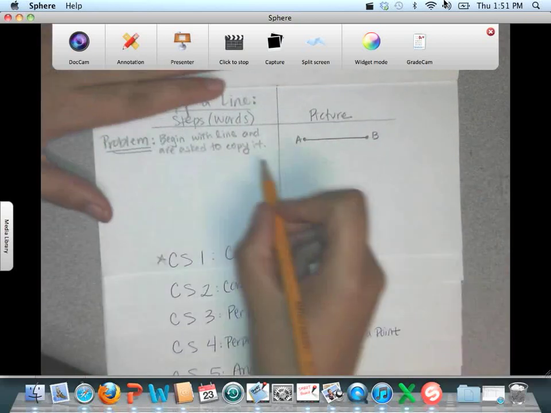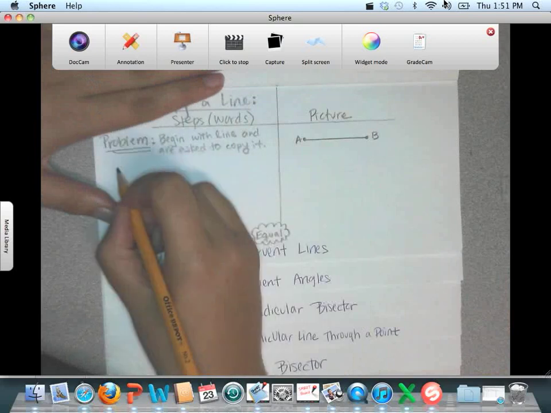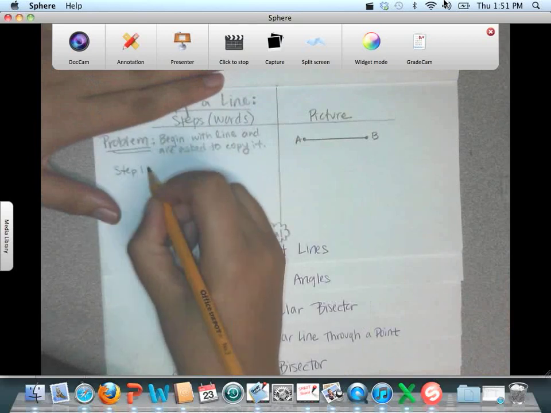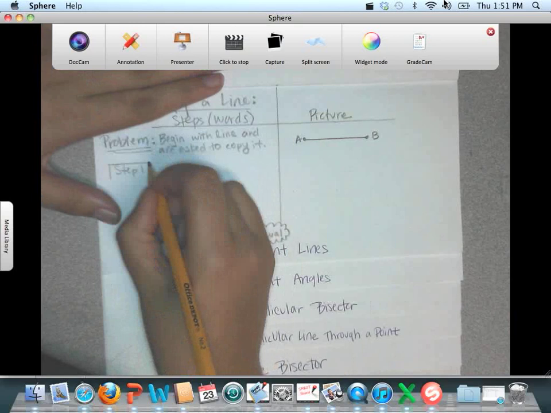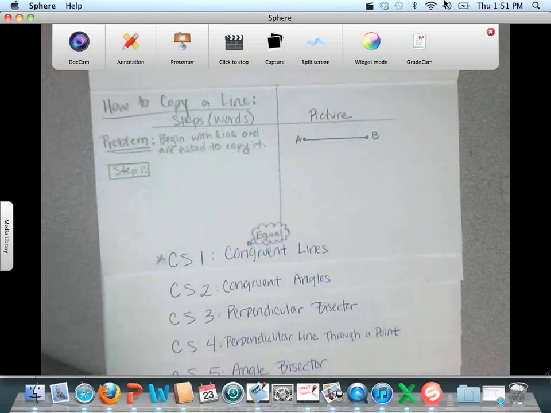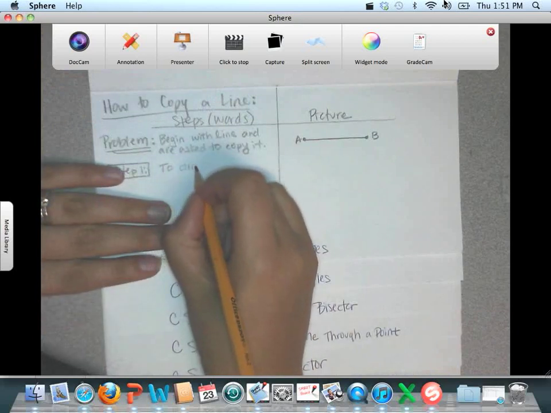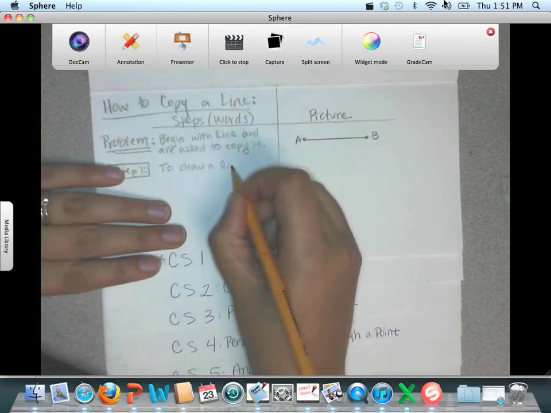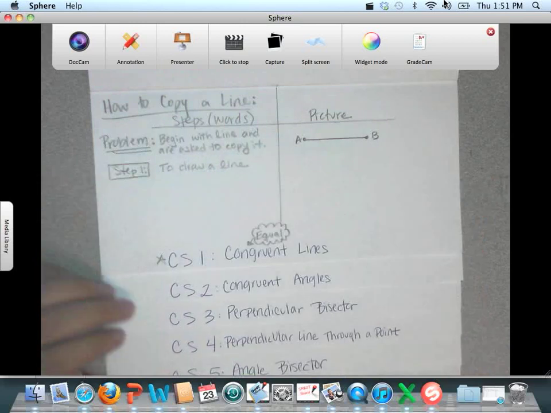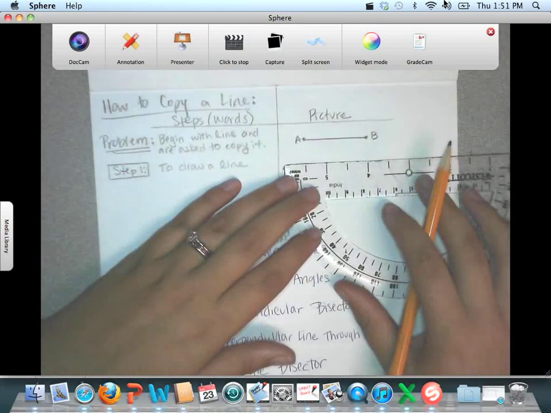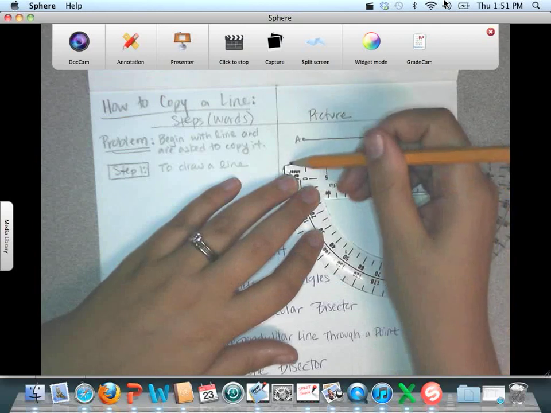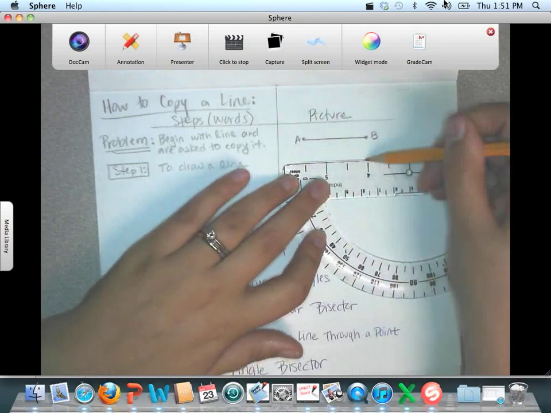So step 1, and I'm going to box my steps today. Step 1 is to draw a line. That's very, very simple. And you actually want to make sure the line is longer.